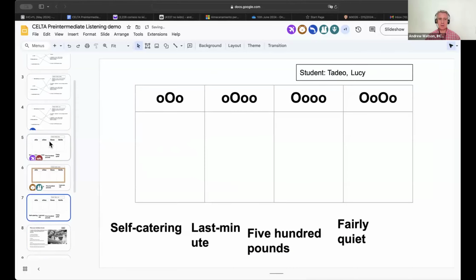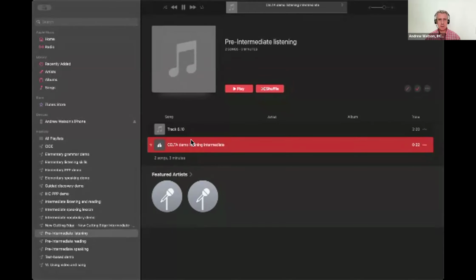Self-catering. Last minute. Fairly quiet. £500.